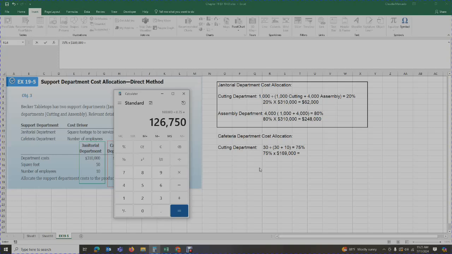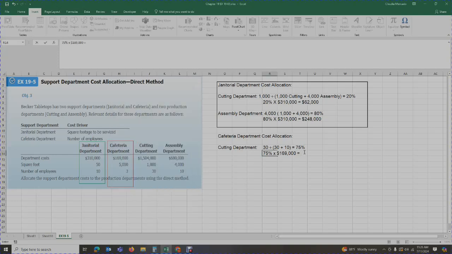That's going to give me 126,750. So from the 169,000 that I'm spending on the cafeteria department, we're going to allocate 126,750 of it to the cutting department because they've got quite a bit of employees, 30.